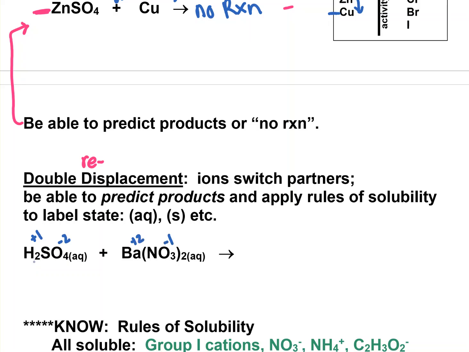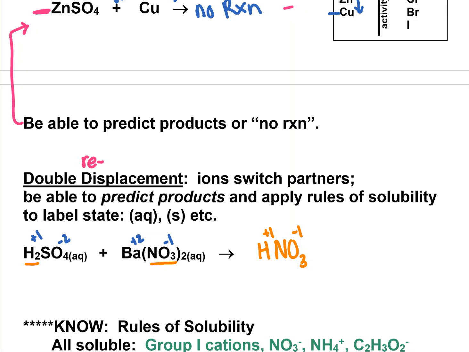And so I can see that hydrogen, positive part of one, so it's like the front part of one goes with the back part of the other. So hydrogen will go with nitrate, and I put the charges there so I can check and make sure this is a valid formula, and it is. If it's not, I would add some subscripts and fix it.